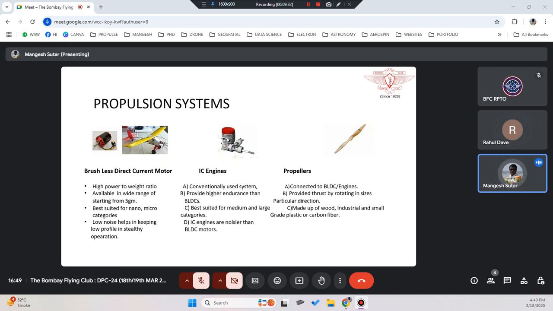It has to be light, but it has to be strong. Wood was primarily used during the World War, but later on they moved to high quality aluminum, and then recently they are using carbon fibers, because the tensile strength of carbon is very high, and it is also super light.